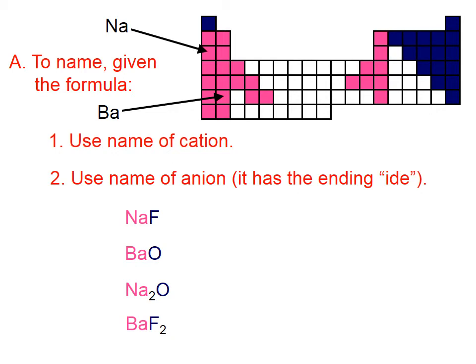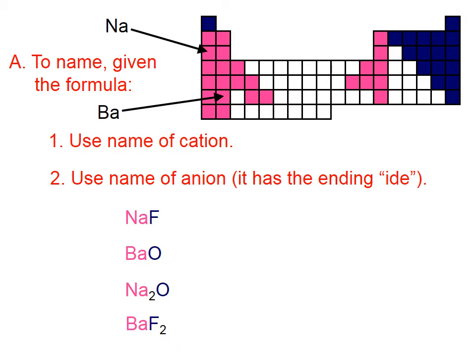Alright, with fixed charge cations, if we want to name the compound, if we're given the formula, we use the name of the cation and we use the name of the anion that ends in "ide." Here you can see that in the examples we've got sodium Na and barium, and you can see I've pointed them out on the table. Those are definitely fixed charge cations.